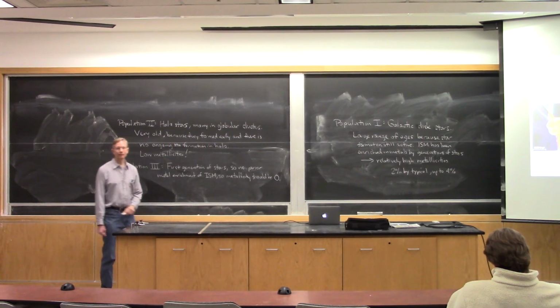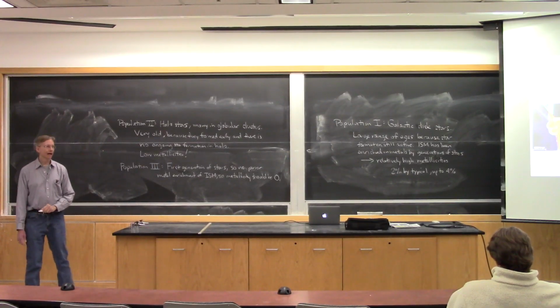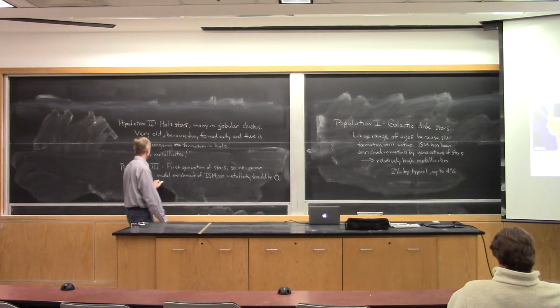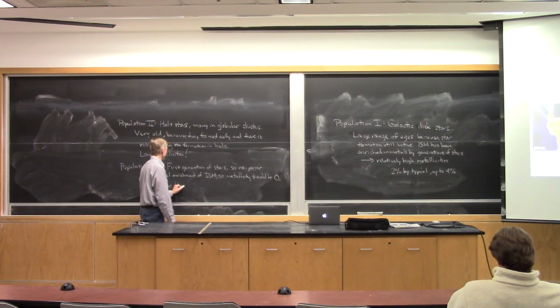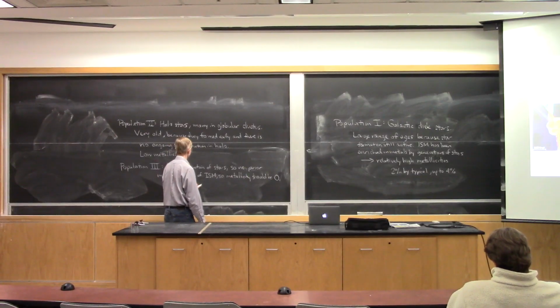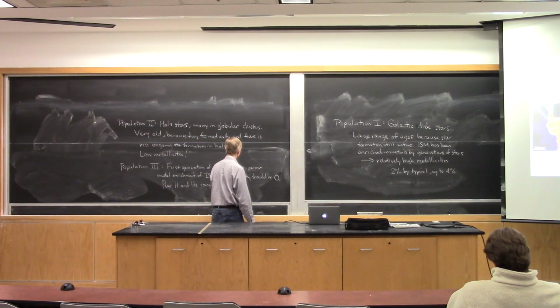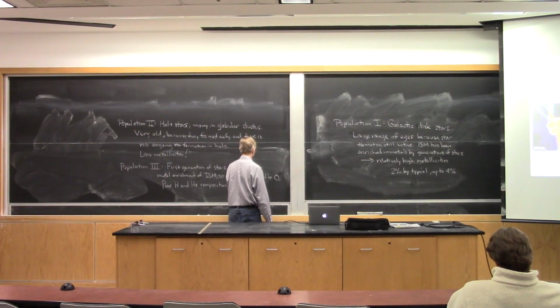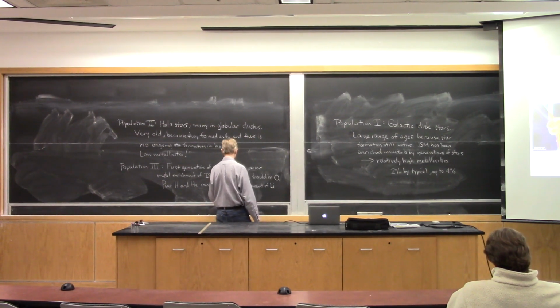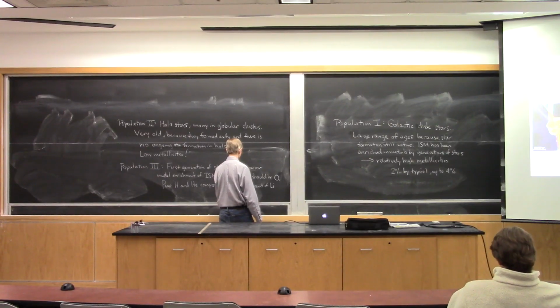So what are they made of? Hydrogen and helium. Pure H and He composition. That's a little bit of a lie. A tiny amount of lithium from the Big Bang.